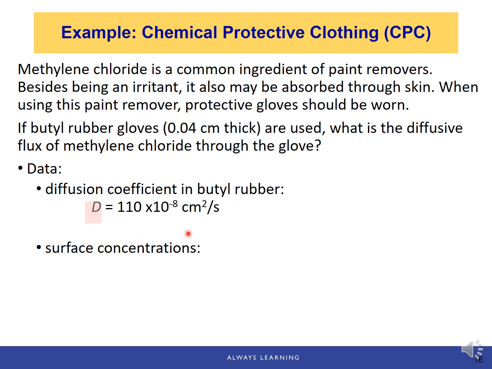So the diffusion coefficient is given, and surface concentrations both outside the glove and inside the glove are given, where C1 is higher outside the glove, which is 0.44 gram per cubic centimeter, and inner, which is close to your skin, C2 is 0.02 gram per cubic centimeter. And we're looking for the diffusion flux, J, when D and C1, C2 are given.